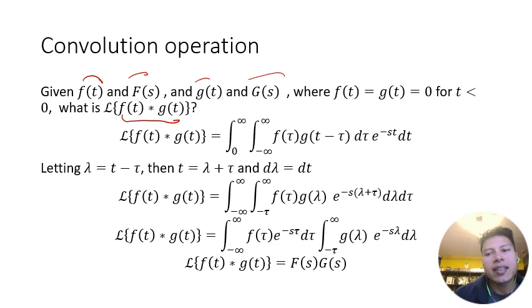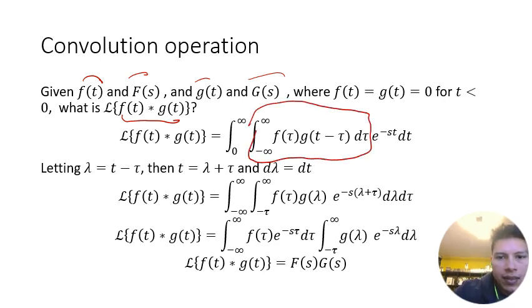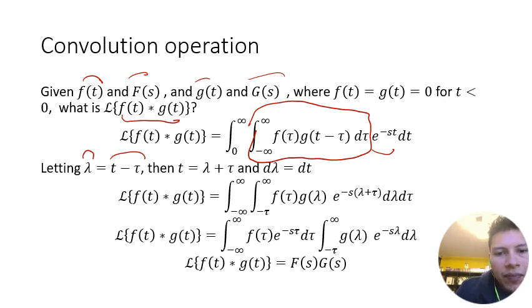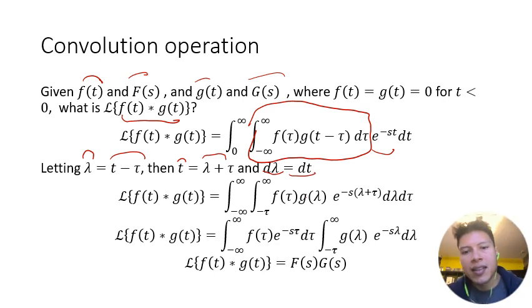To do this, you take the definition of the convolution and then apply the Laplace transform to it. We can rearrange the variables as we have in the past by letting lambda be equal to t minus tau, so that t is equal to lambda plus tau, and d lambda equals dt.